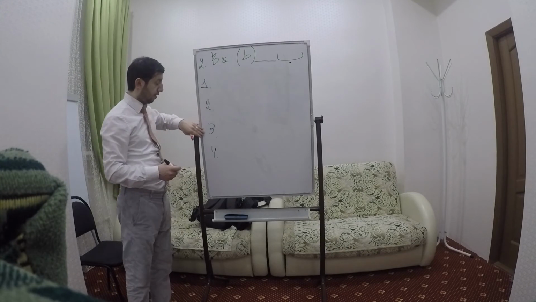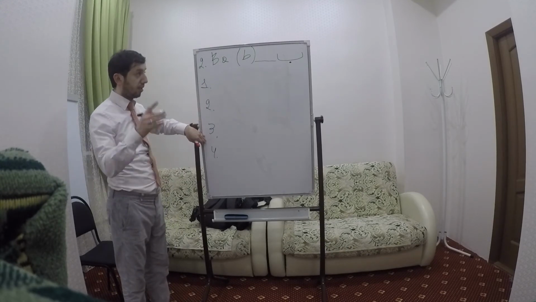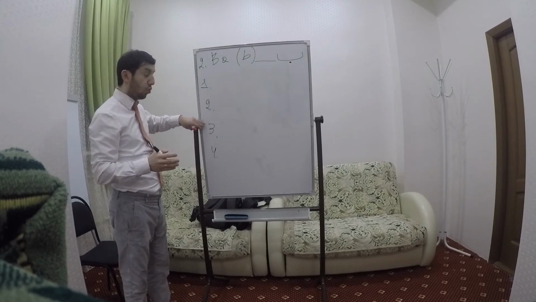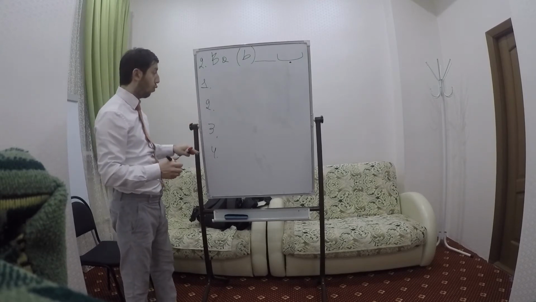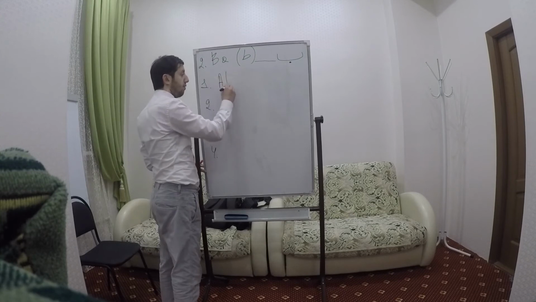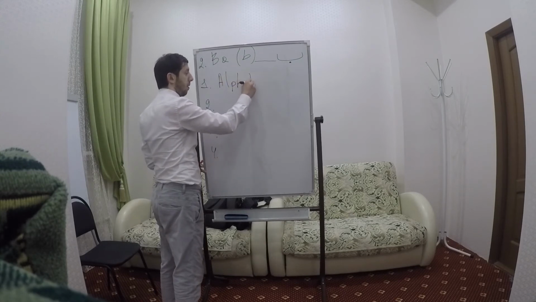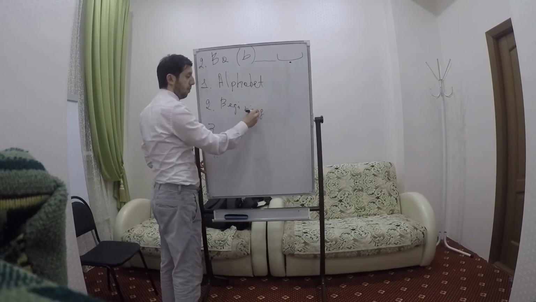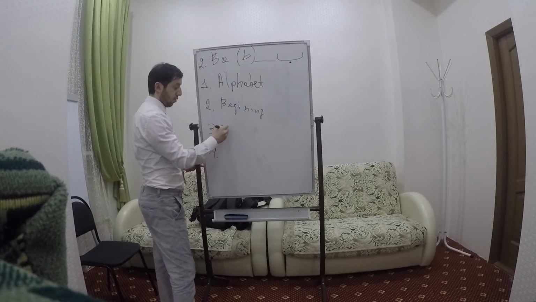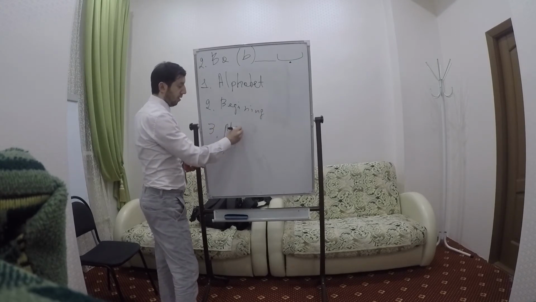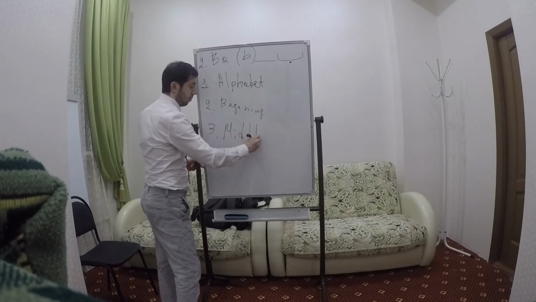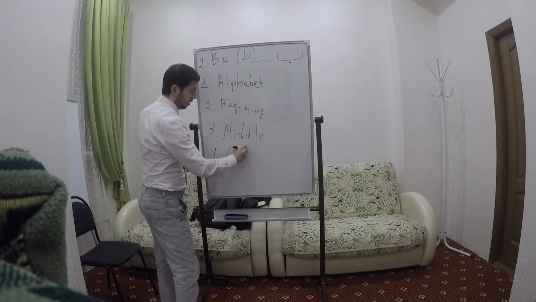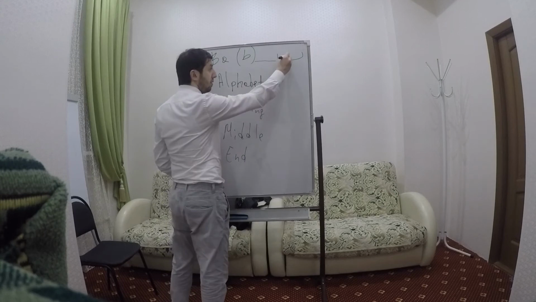So if the letter can be linked from two sides, usually it has four forms: the alphabet form, the beginning form, which means in the beginning of the word, the middle form, and the end form. The alphabet form is this form.